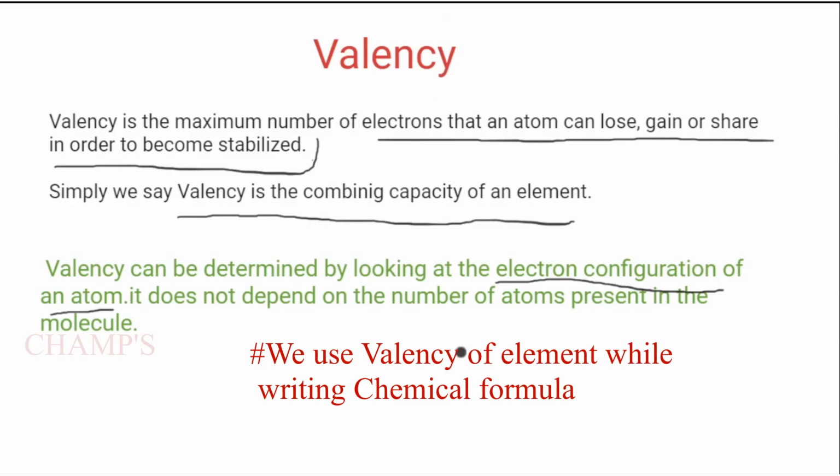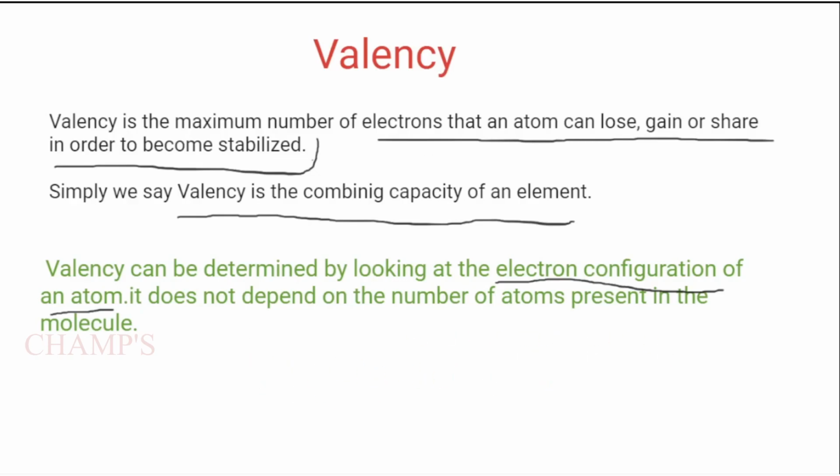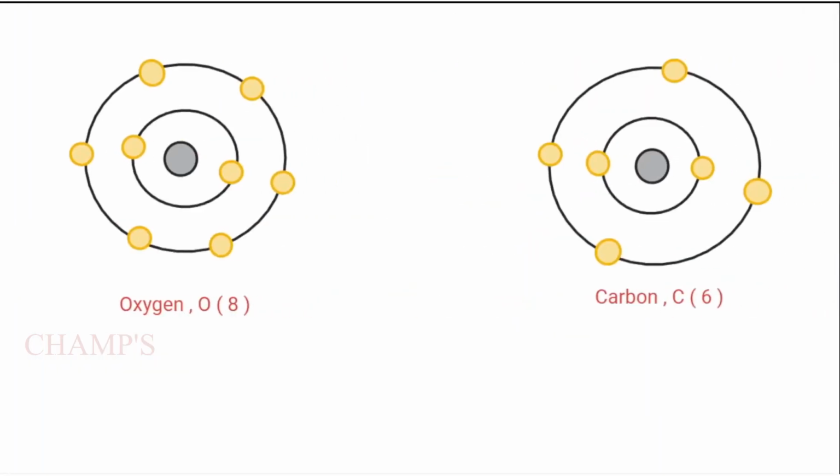Now let's see how to find the valency of some elements with the help of their electronic configuration. Here we have oxygen with the atomic number 8, and carbon whose atomic number is 6. To find valency, it is very important that you know the atomic numbers. Let's first do it for oxygen. This is the electronic configuration.